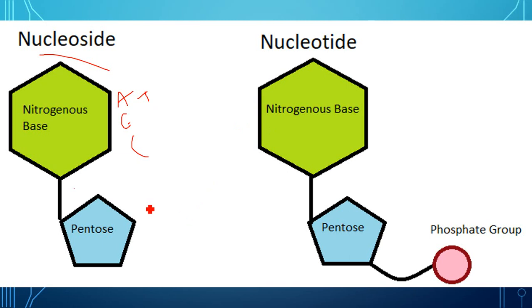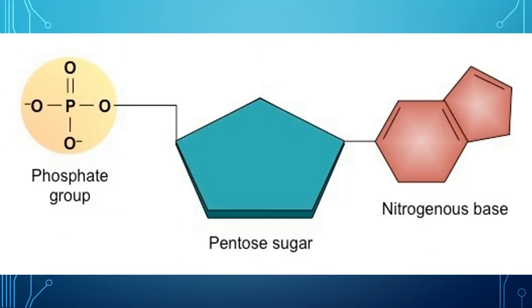Hence we have four types of nucleosides: adenosine, guanosine, cytidine and thymidine. When these nucleosides combine with a phosphate molecule, that means nucleoside plus a phosphate molecule, it is called a nucleotide. The nitrogen base, pentose sugar and the phosphate group combined are called a nucleotide.